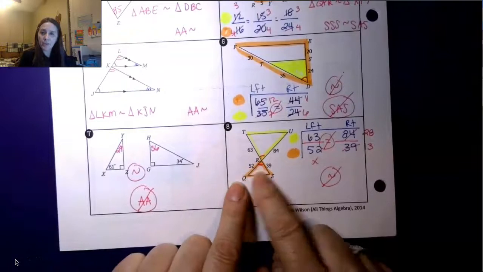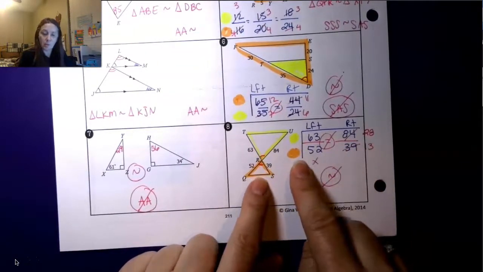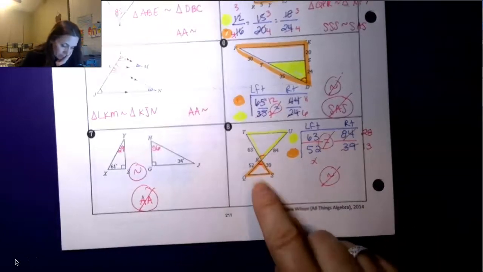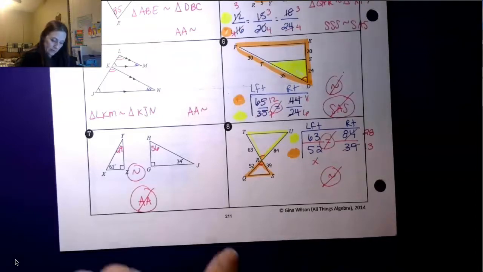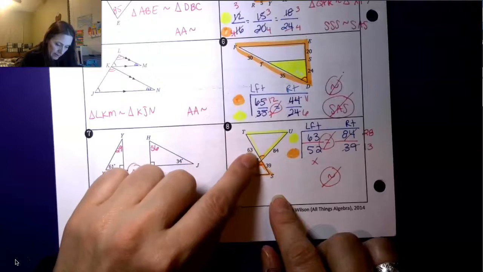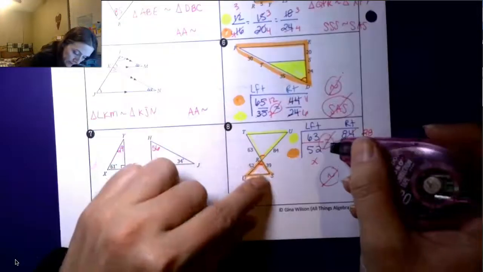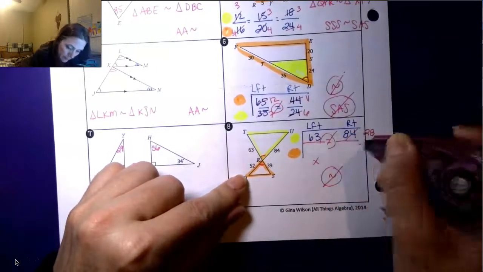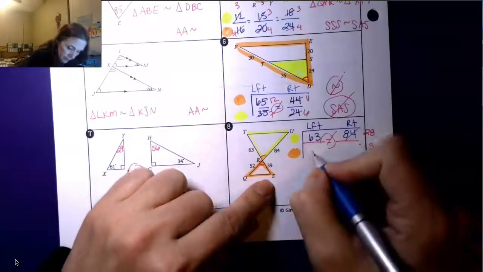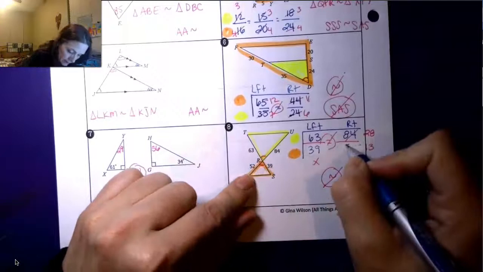Over here, I matched up the yellow up top, left and then right, the orange on bottom. Oh, I did that wrong, I think. What if we had flipped these? TR corresponds to RS? So instead of 63 and 52, it should be 63 to 39 and 84 to 52.